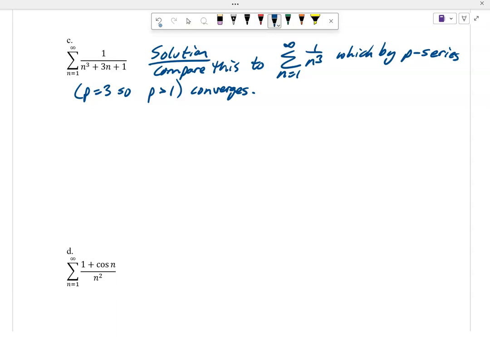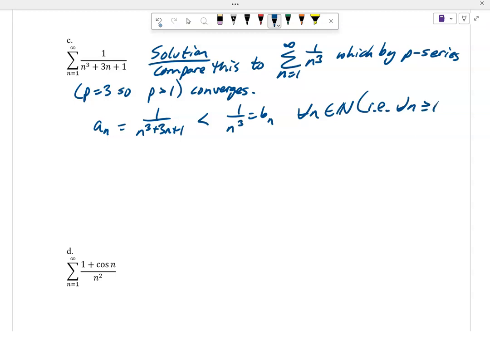And so a term-by-term comparison will yield, this will always be less than 1 over n cubed for all n that are natural numbers. In other words, for all n greater than or equal to 1.